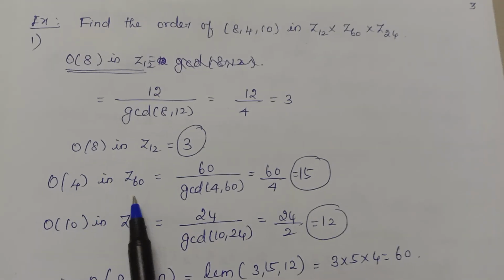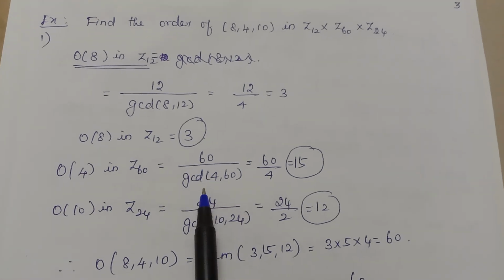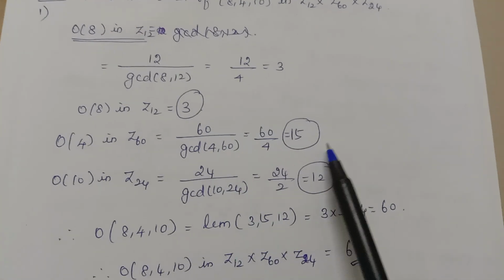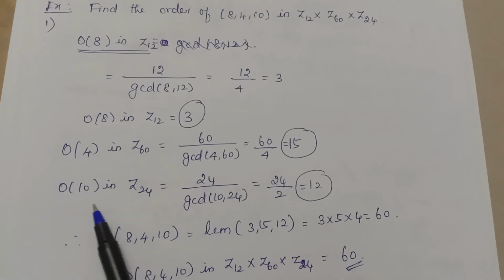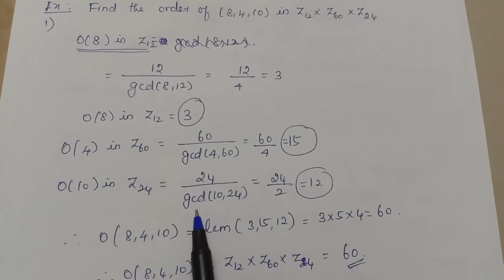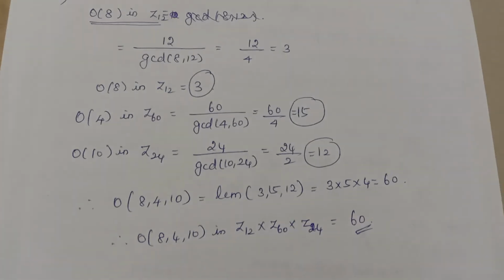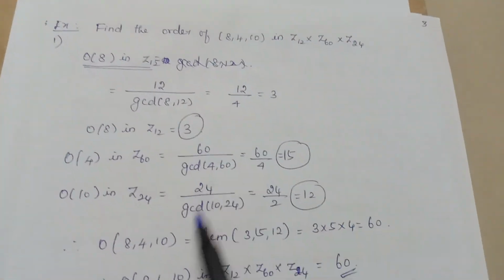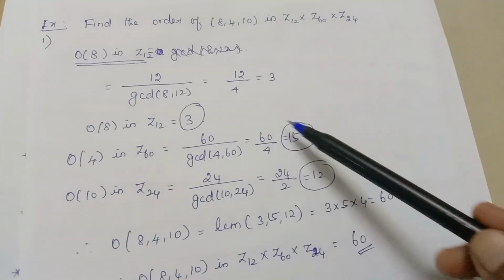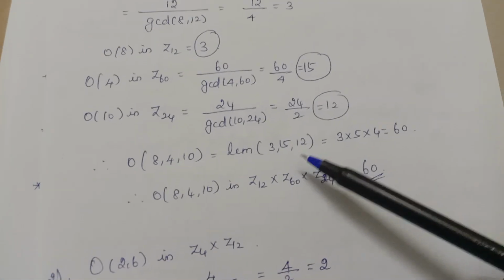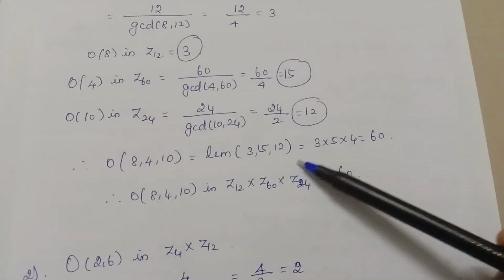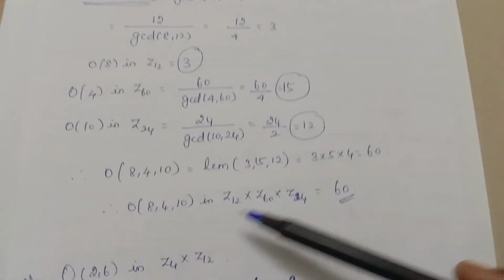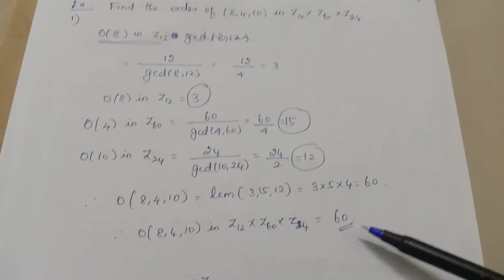Next, the order of 4 in Z60 is 60 by GCD of 4, 60, which equals 15. Next, the order of 10 in Z24 is 24 by GCD of 10, 24, which is 12. So the order of (8, 4, 10) is the LCM of 3, 15, 12, which is 60.